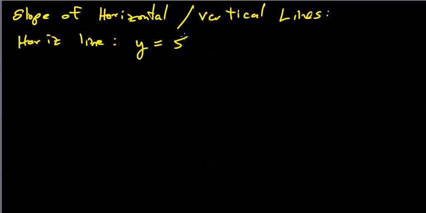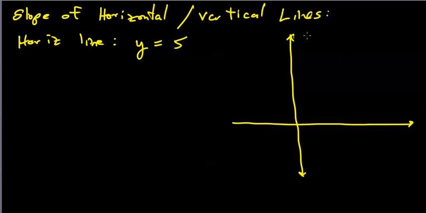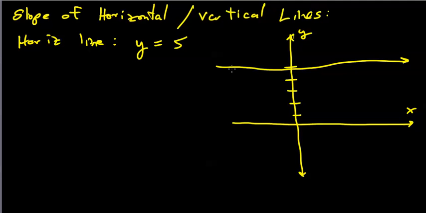That's a horizontal line. If I make a quick graph of this, there is my horizontal line, y equals positive 5. Basically, it's a horizontal line with a y-intercept at positive 5.